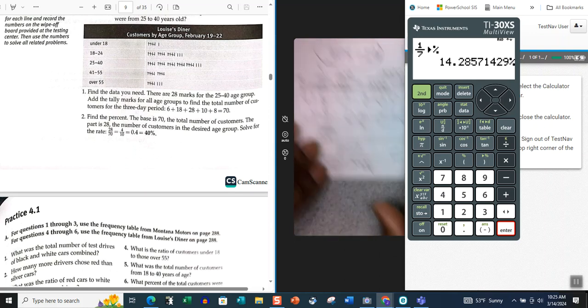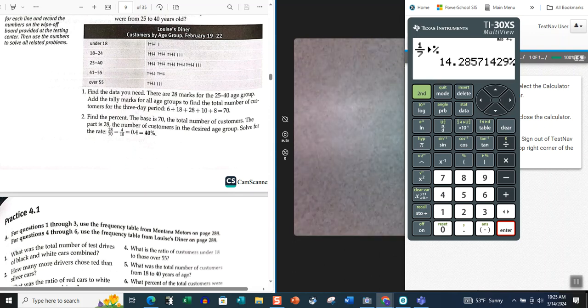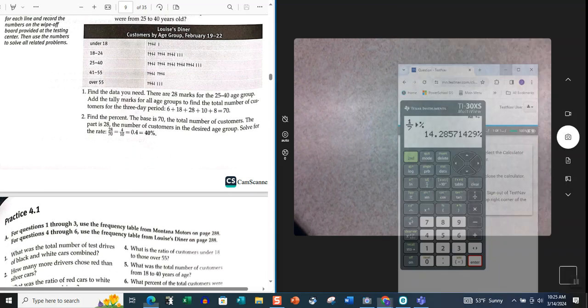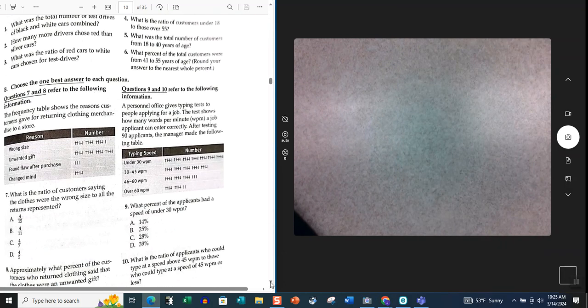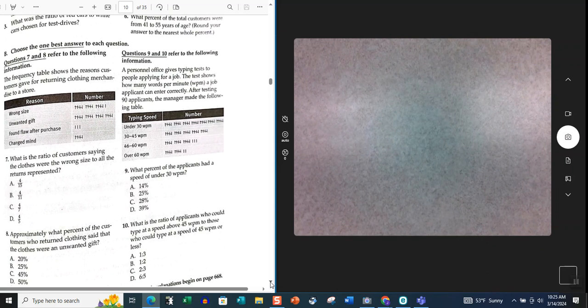Okay, now we move on to our next problem here. B, it says choose the one best answer to each question. Questions 7 and 8 refer to the following information. The frequency table shows the reason customers gave for returning clothing merchandise to a store.